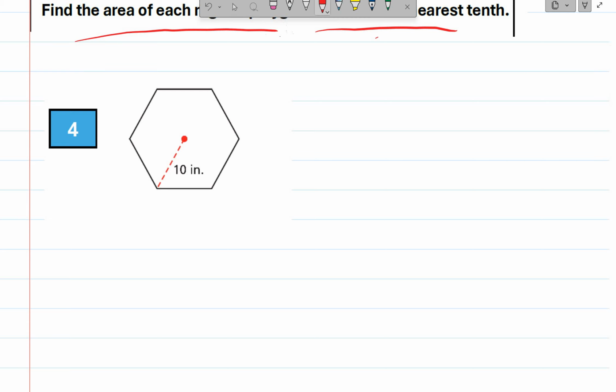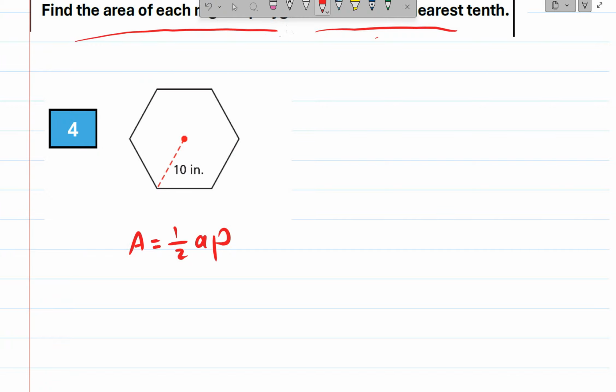In order to find out area, we know the rule is A equals 1 over 2 AP. But in this question, I don't have A and I don't have P. And worse than A and P, I don't have the length of each side. How to find out the length of each side?